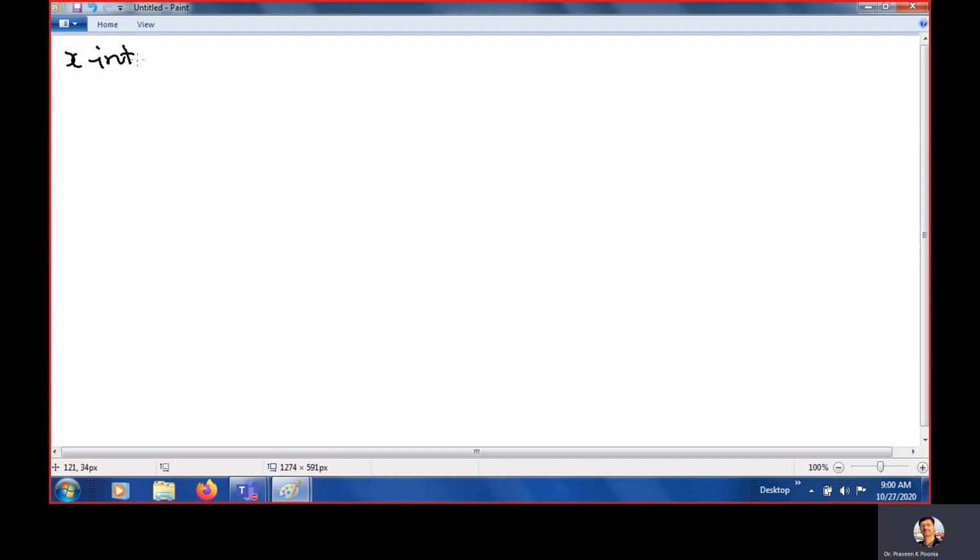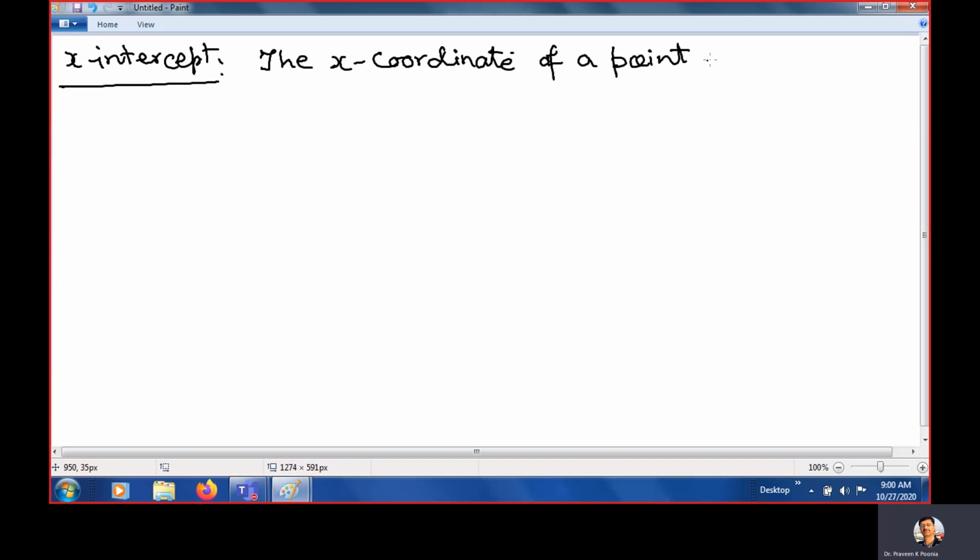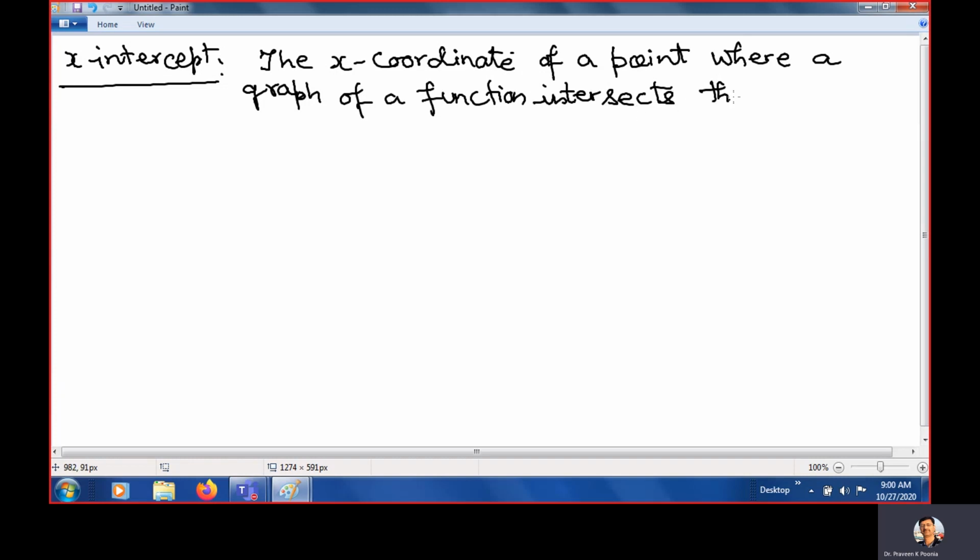First definition is x-intercept. The x coordinate of a point where the graph of a function intersects the x-axis is called an x-intercept of the function.